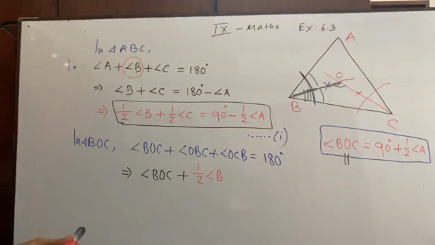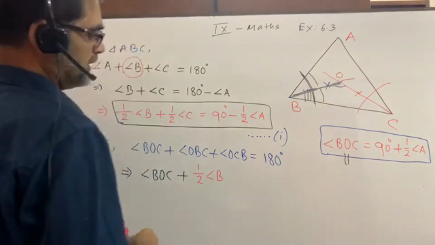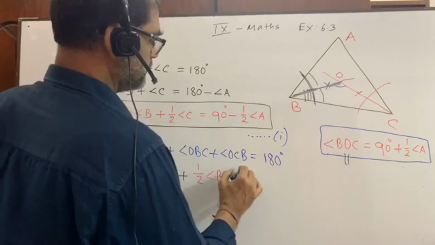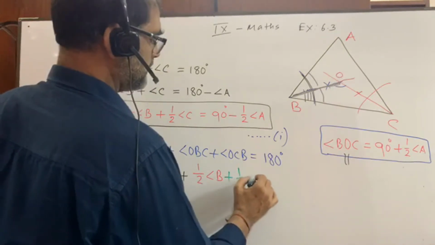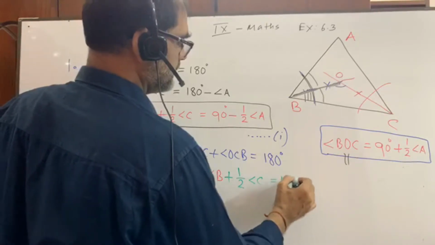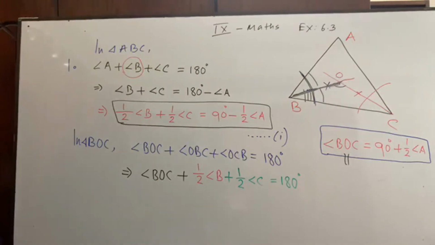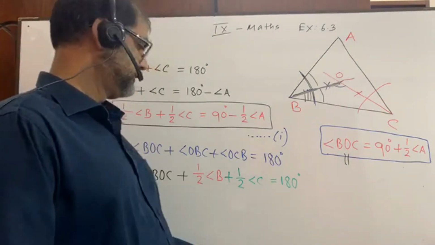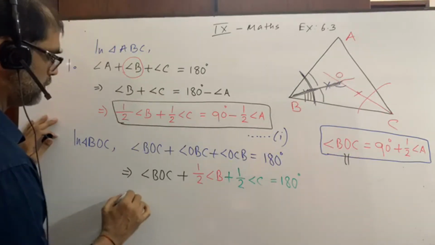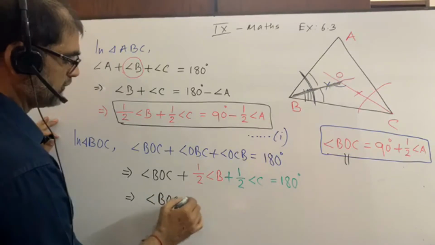And what is angle OCB? Similarly, we can write angle OCB is also equal to half of angle C. Now in equation 1, what value did we get there? BOC will be kept as it is.